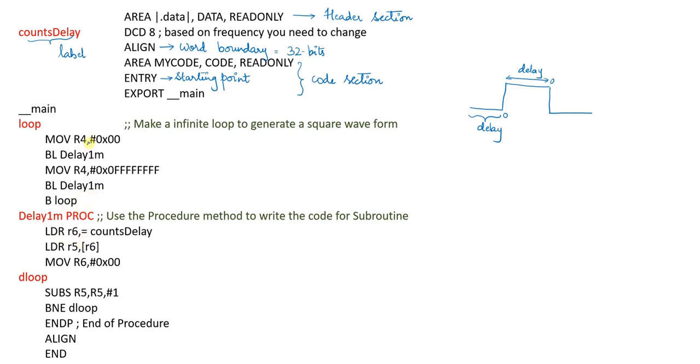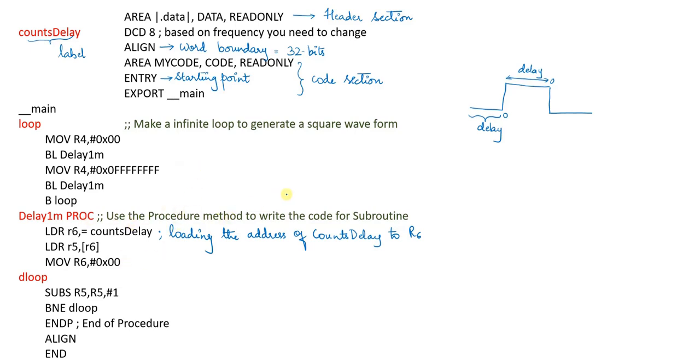What happens is, once you branch to delay 1m, here you are loading the address of counts delay into R6. Then whatever data is pointed to by R6 is loaded into R5.